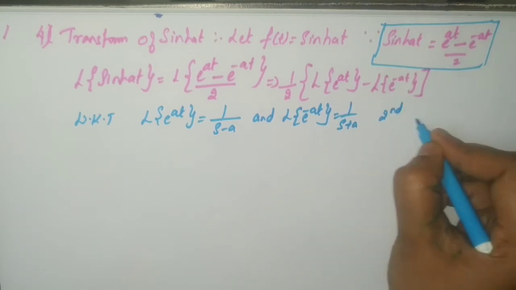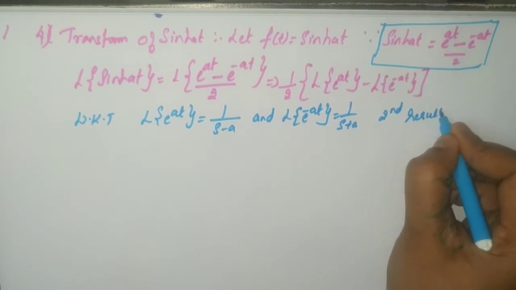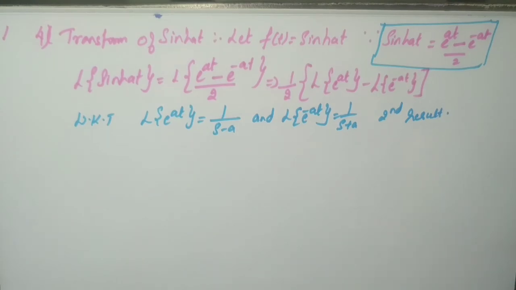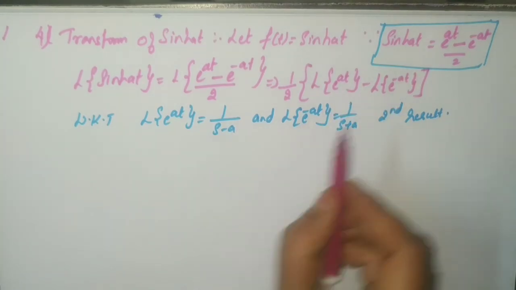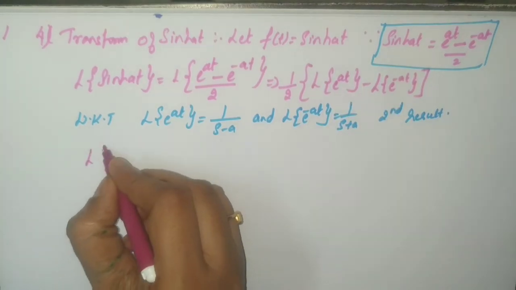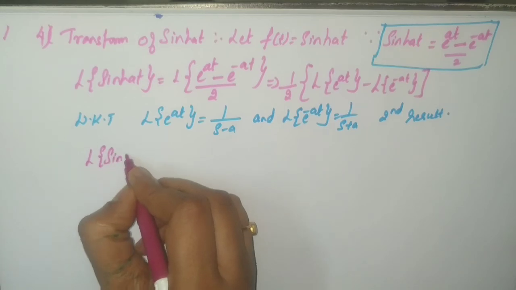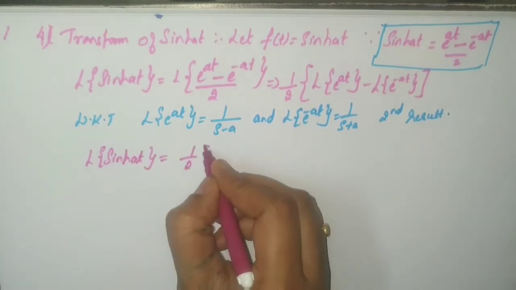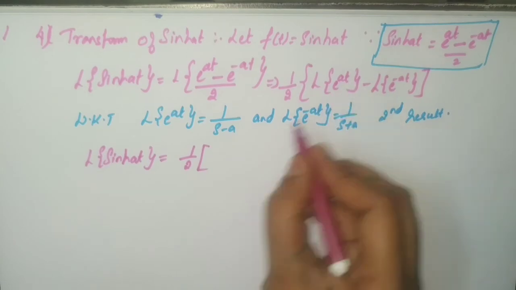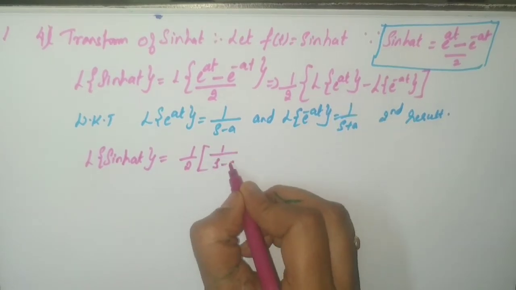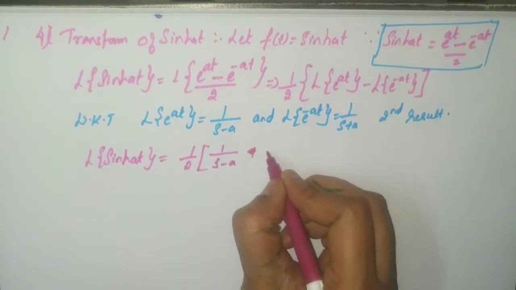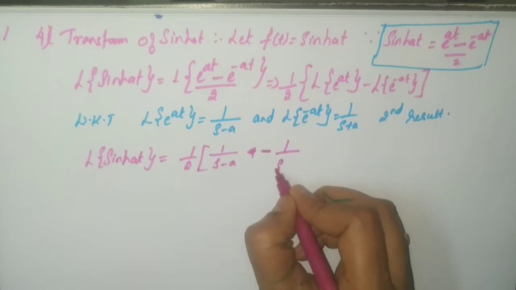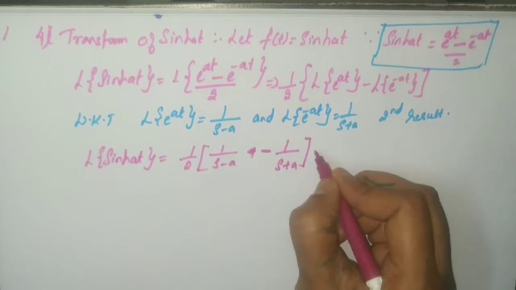From the second result, you can please check. We are going to use this in our question. So Laplace of sin hyperbolic at can be written as 1 by 2 times e power at is 1 by s minus a, and you have a negative sign, so 1 by s plus a.